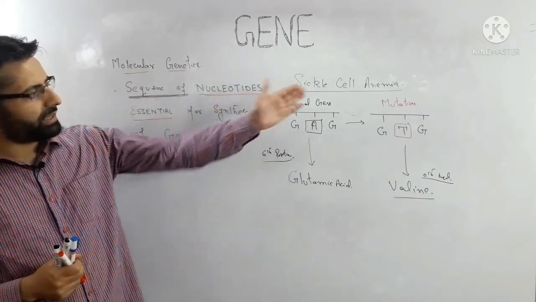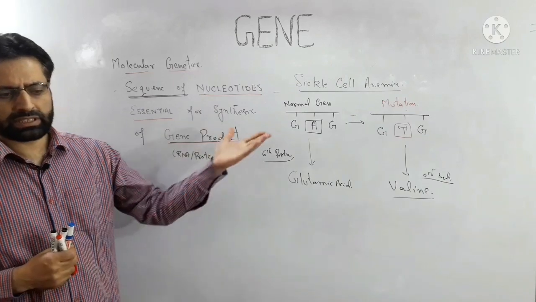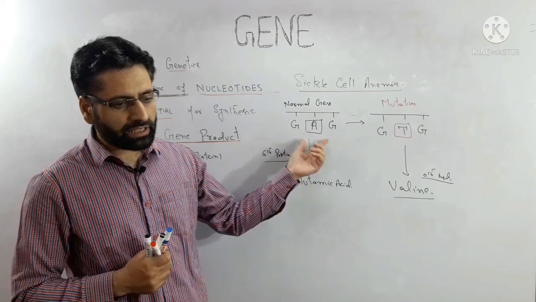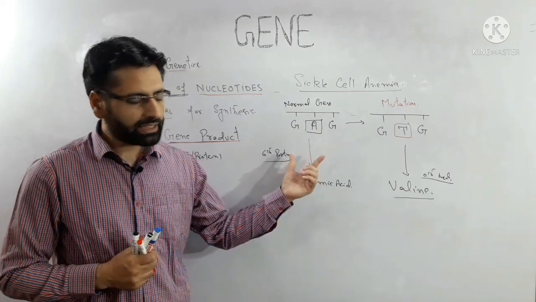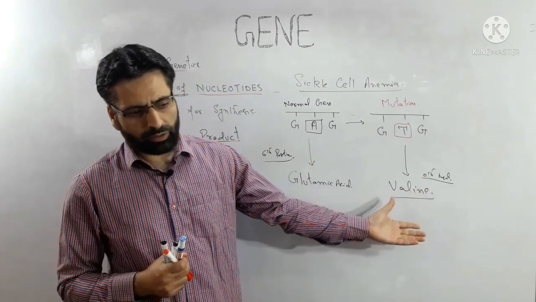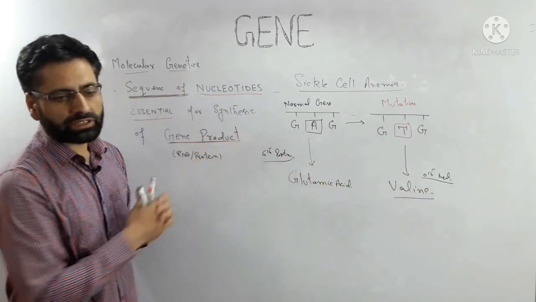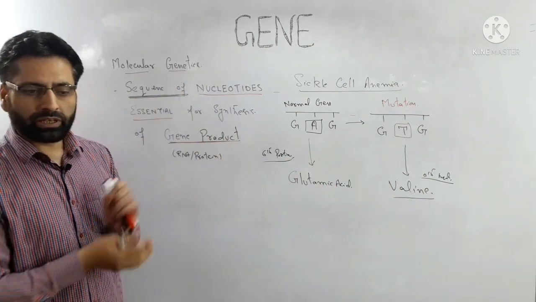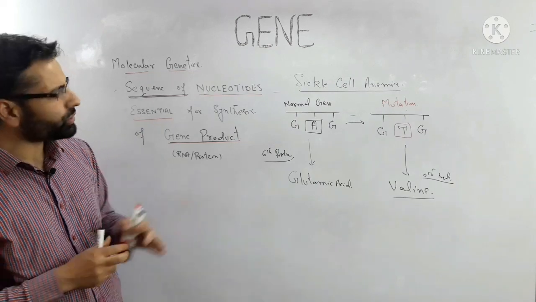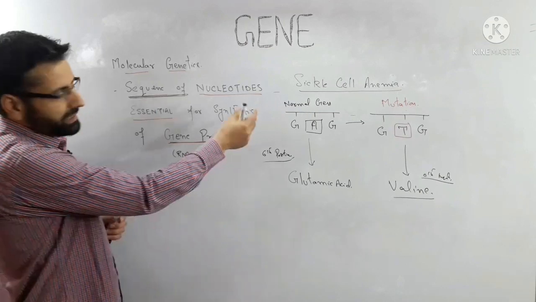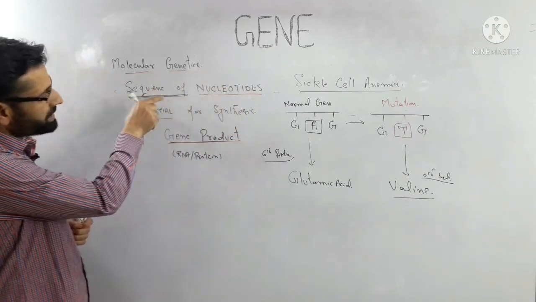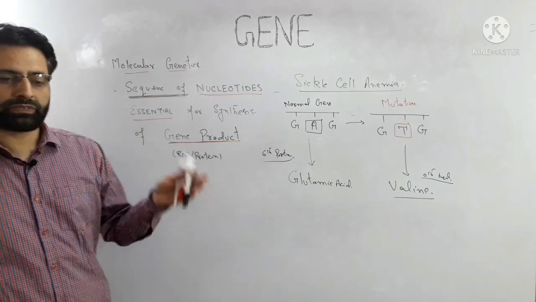Here you can take the example of sickle cell anemia, that is, the change of a single nucleotide synthesizing an abnormal hemoglobin chain, and that abnormal hemoglobin chain having serious consequences for the individual in terms of the phenotypic features. So here the gene, chemically, is made of nucleotides, but these nucleotides must be in a specific sequence.